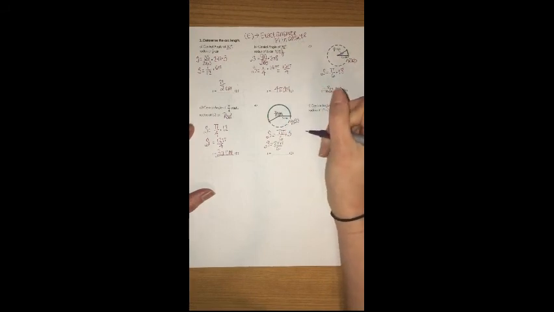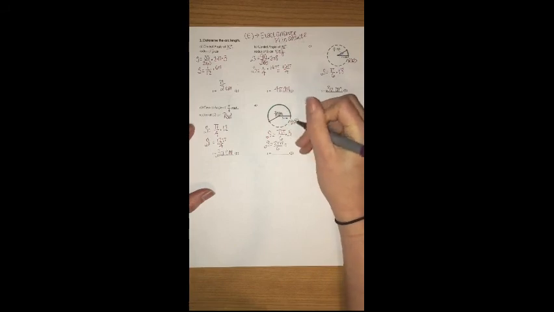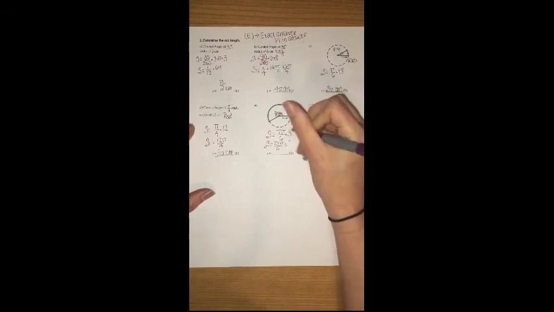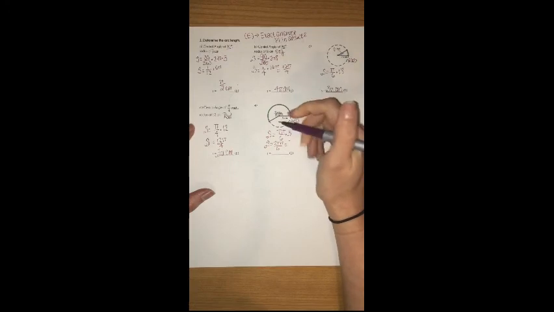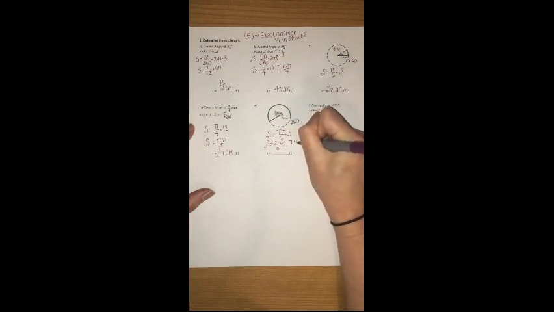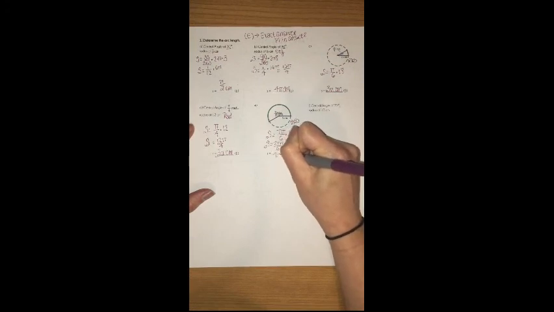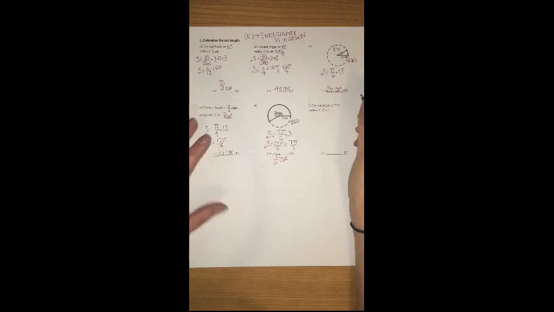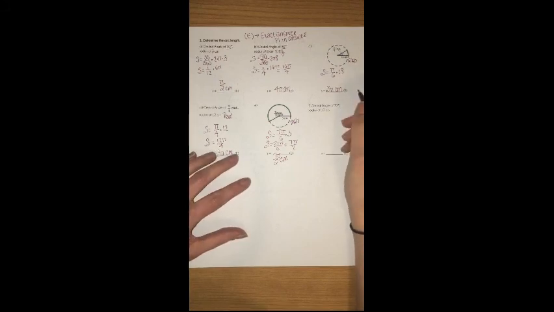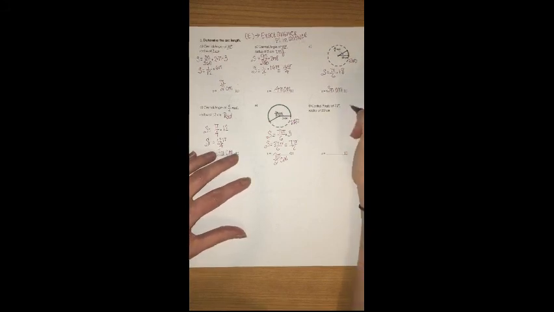So 21 over 6 simplifies because you can divide them both by 3. So we will have 7 pi over 2 centimeters.